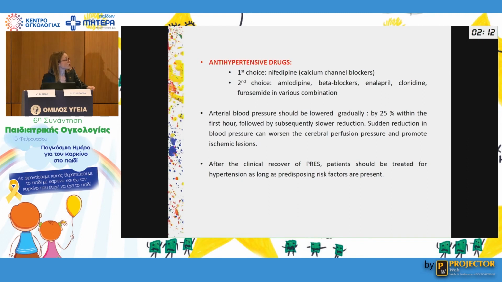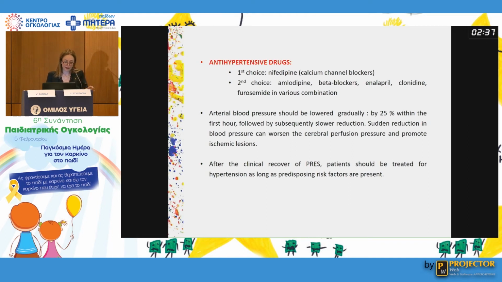Antihypertensive drugs: first choice calcium channel blockers, followed by amlodipine, beta blockers, enalapril, furosemide in various combinations. An important message is that the arterial blood pressure should be lowered gradually, with 25% of the lowering within the first hour, followed by a subsequently slower reduction.